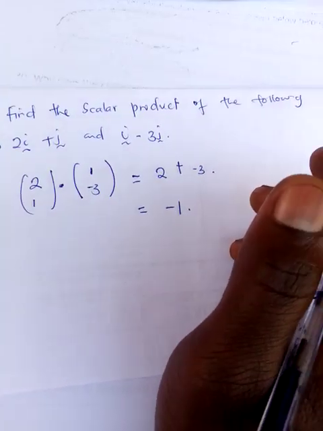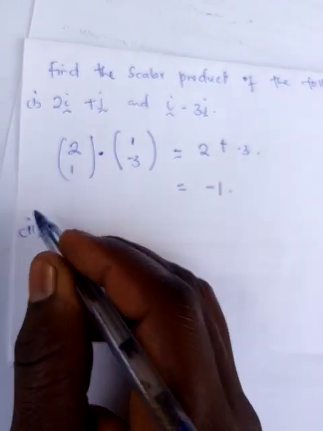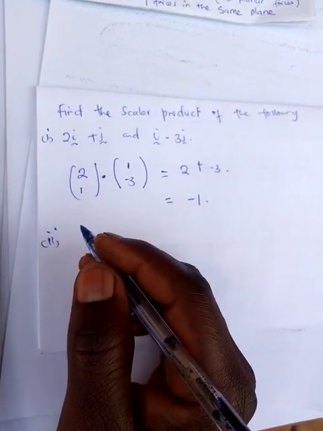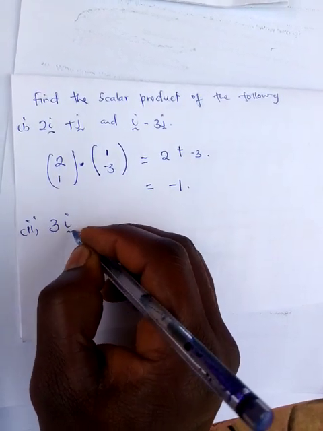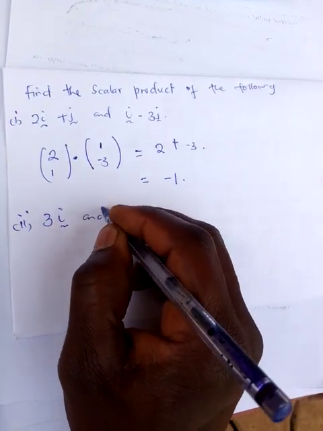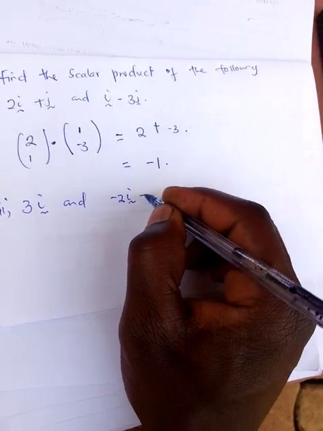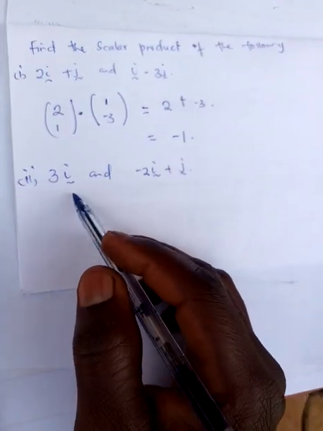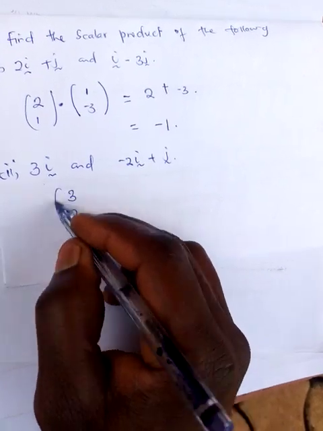Simple. Number 2. I can say find the scalar product of 3i and negative 2i plus j. This one means I'm multiplying this one to be (3, 0).